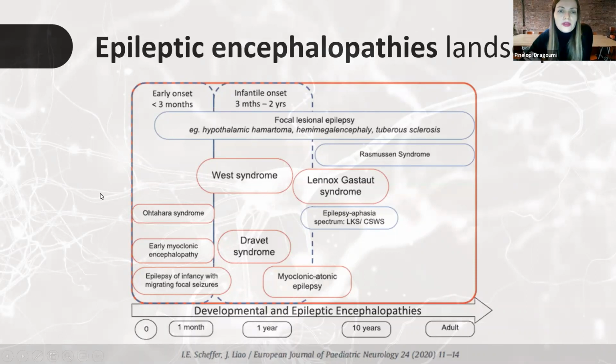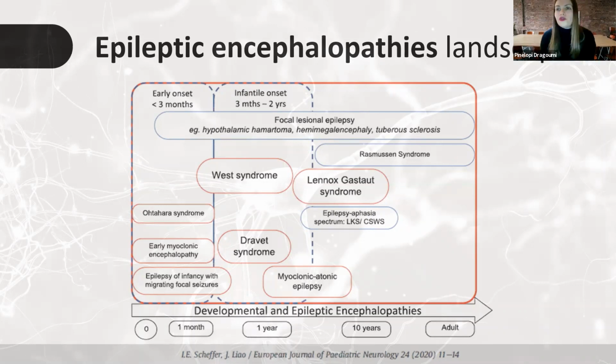And the main ones that are more common are West syndrome in infancy and Dravet syndrome in infancy, and then later on Lennox-Gastaut syndrome. And of course, the epilepsy aphasia spectrum with continuous spike and waves in sleep.